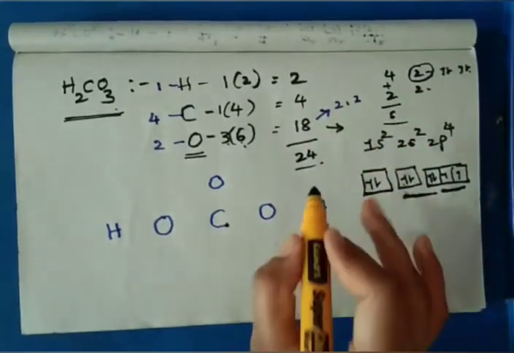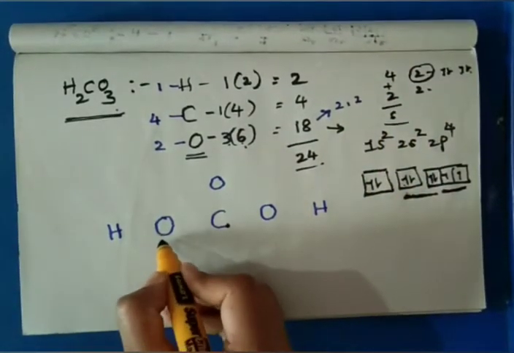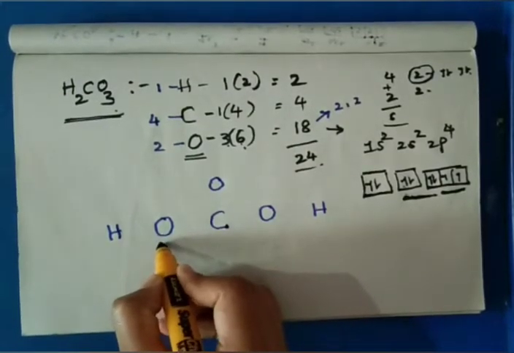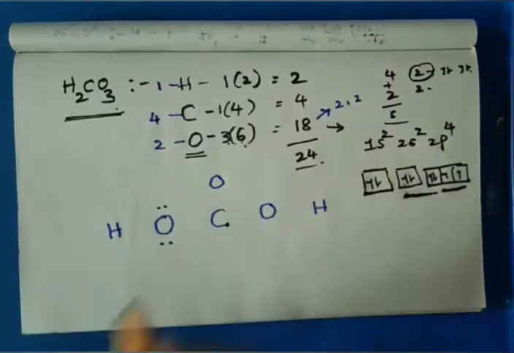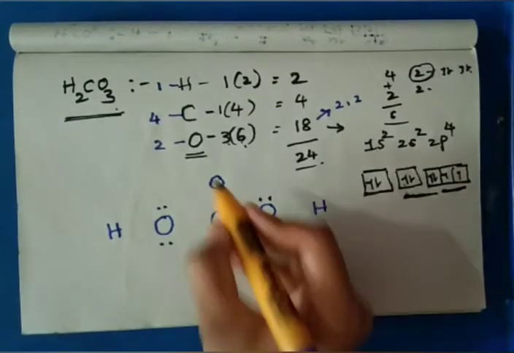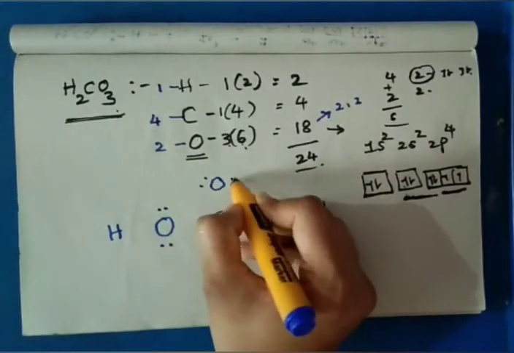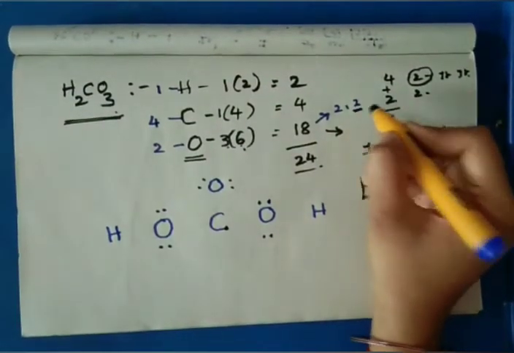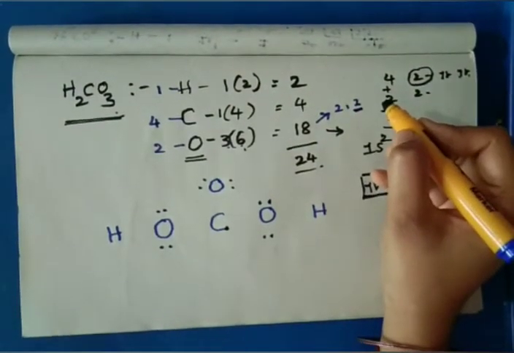First we put dots on oxygen: 2 lone pairs, and 2 single bonds.